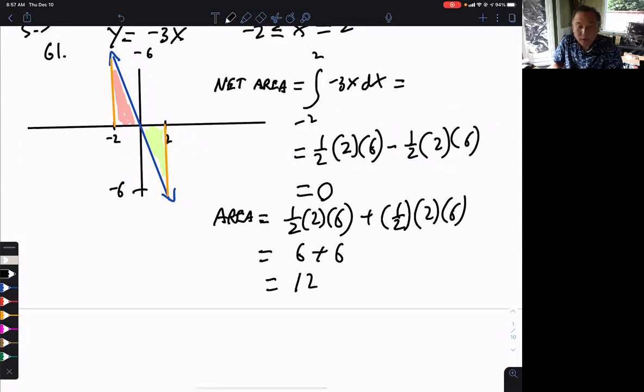The area is 12, and I would say, good job, you were right. So the area of the shaded regions is 12. Duh. But you have this new term called net area, which is the area above minus the area below. Okay, that is number 62.